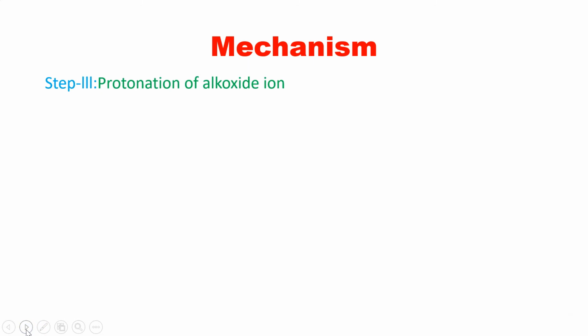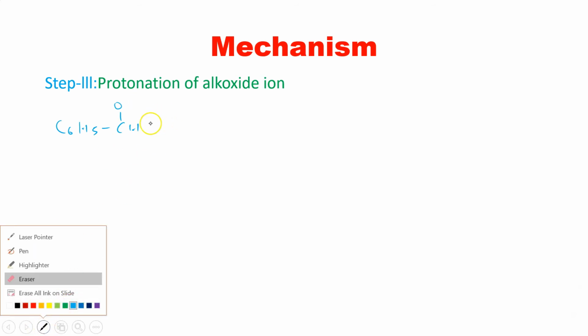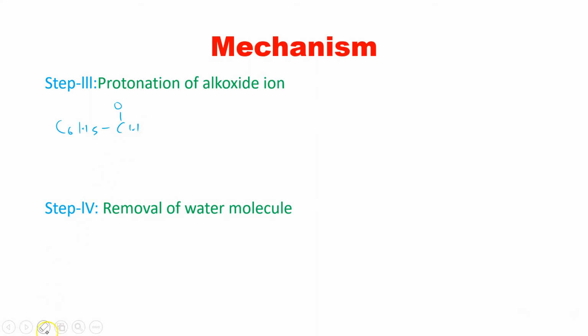In the third step there will be protonation of the alkoxide ion. The alkoxide ion which has been formed in the second step, I will write the structure of it. Here the oxygen is having a negative charge.